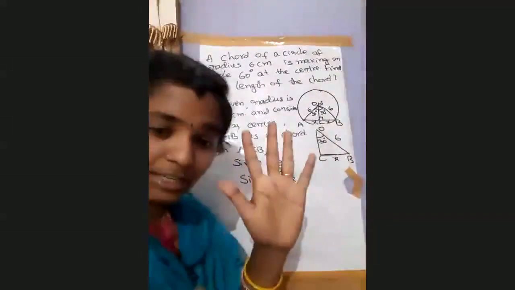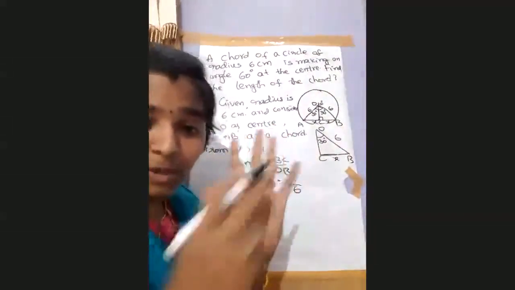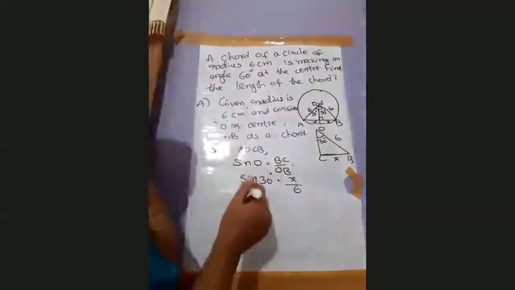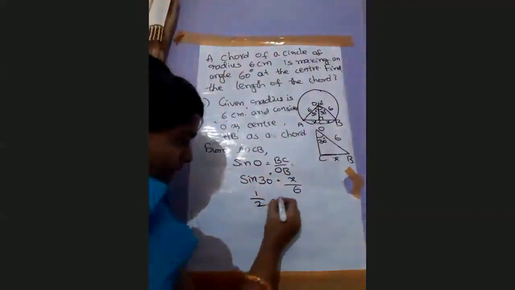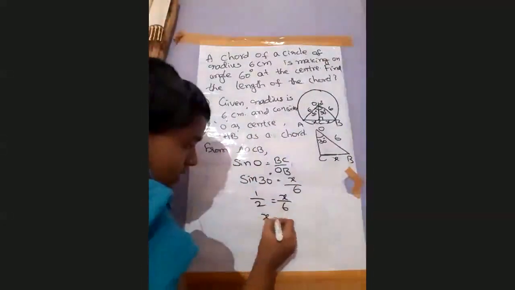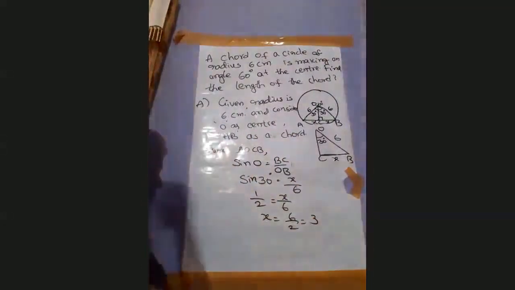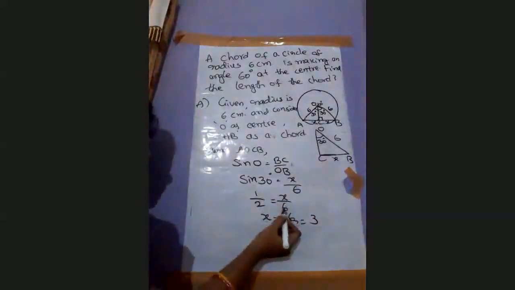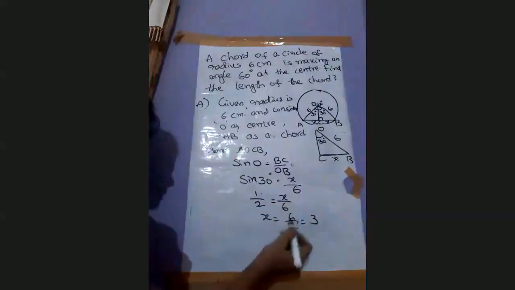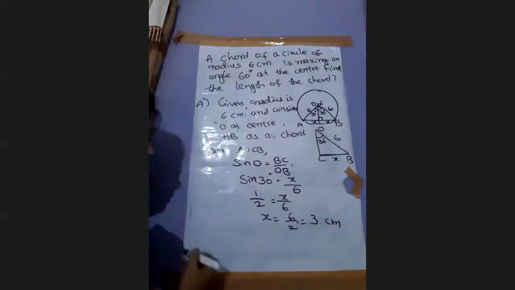I use the hand trick. Below the 30 degree only one thing, right? So 1 by 2 equals x by 6. So x is equal to 6 by 2, that is equal to 3 centimeters.